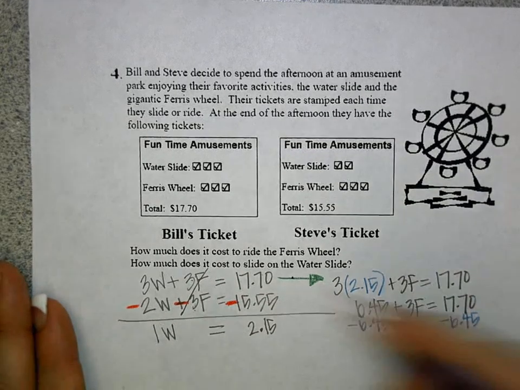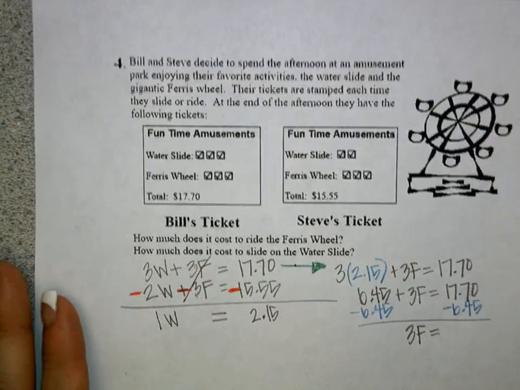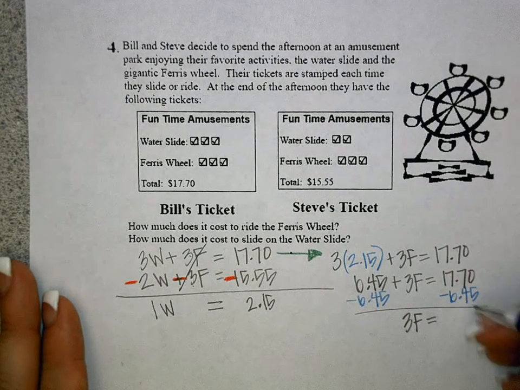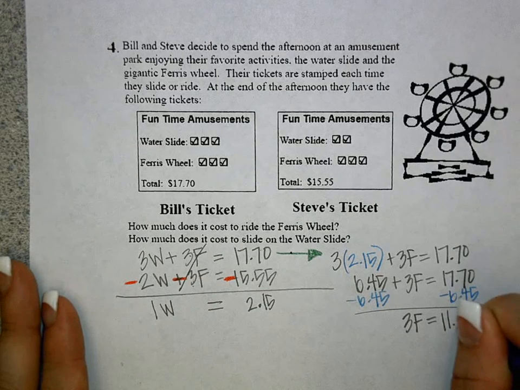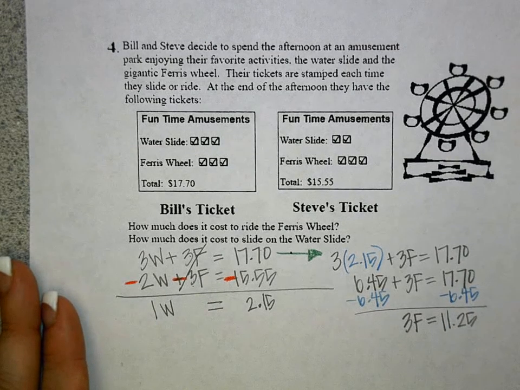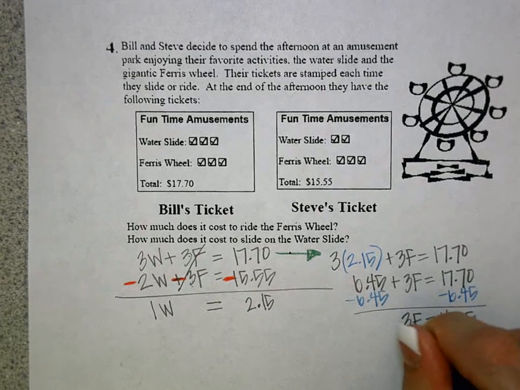Guys, 3 Ferris wheel rides is equal to, if you subtract these, you're going to get what? $11.25. Then, to get F by itself, divide both sides by 3.